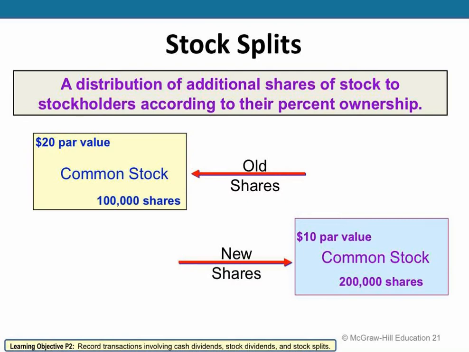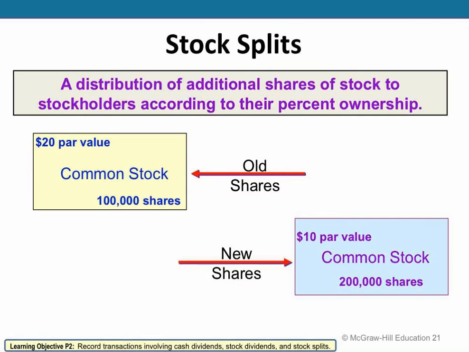Another way, if you just wanted to get more shares outstanding, would be to do what's called a stock split. For every share you have outstanding today, you may have so many shares in the future. So if you do a 2-for-1 stock split, for every share you have now, you're going to have 2 shares available to you after the stock split.